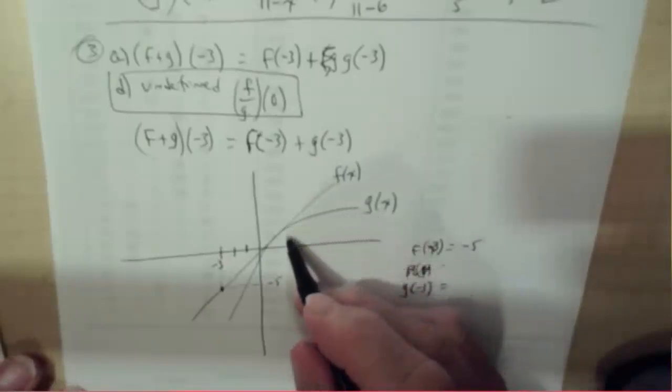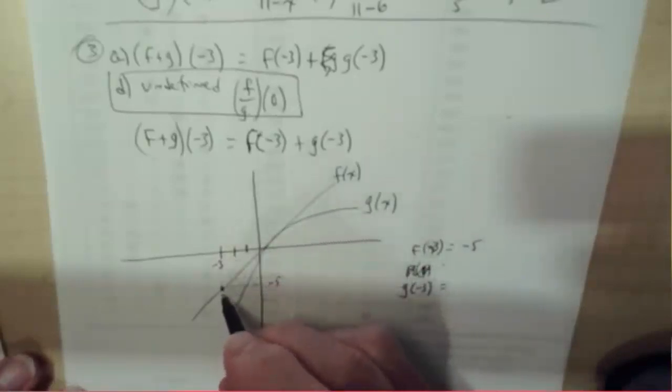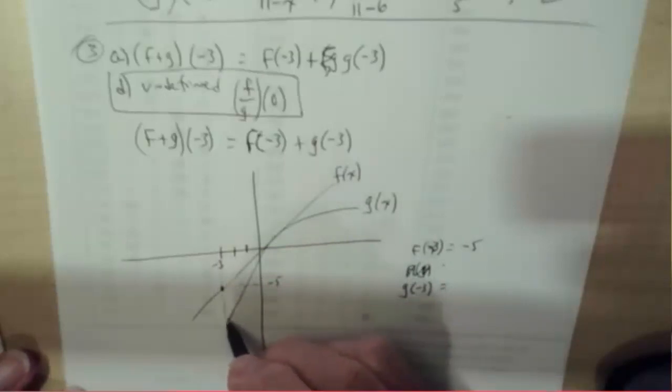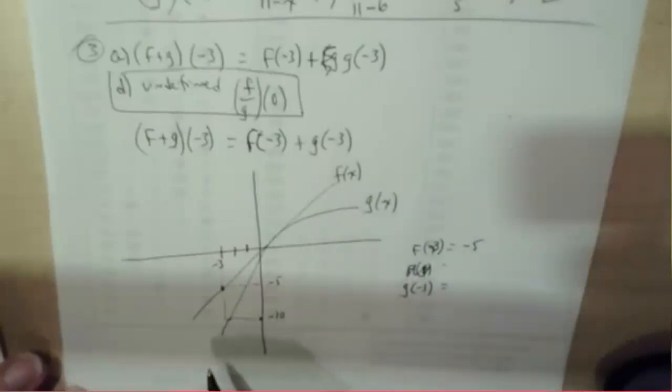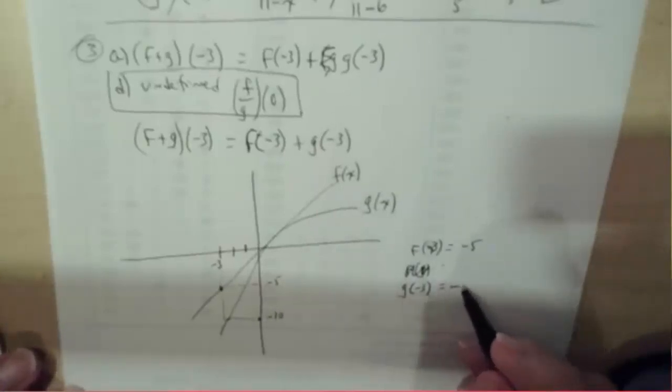This is g, again, of negative 3. We come down here to where this is, and then you look over here. g of negative 3 is going to be like negative 10 or something like that. I don't know. It's negative 10.